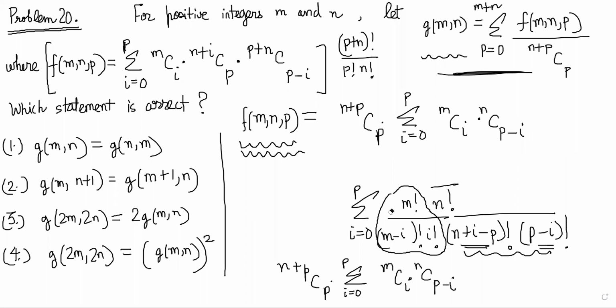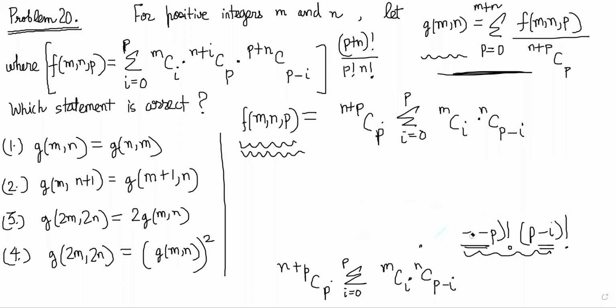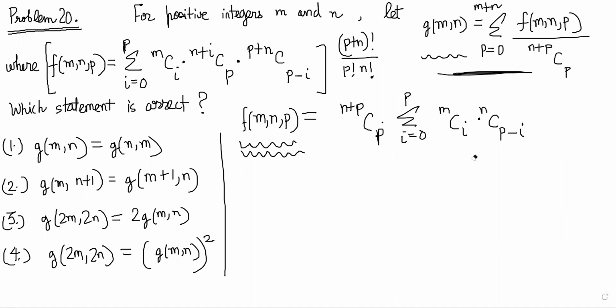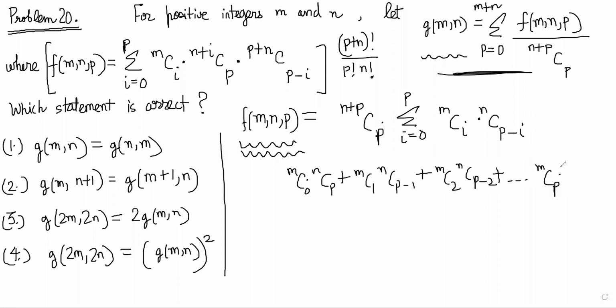Now, if you have seen such types of summations before, you will realize that this expression here is like a product of coefficients like this: nC0 nCp plus mC1 nC p minus 1 plus mC2 nC p minus 2 and so on till mCp nC0, right? So this would be the coefficient of x power p, because the subscripts are adding up to p, in the expansion of 1 plus x power m plus n.